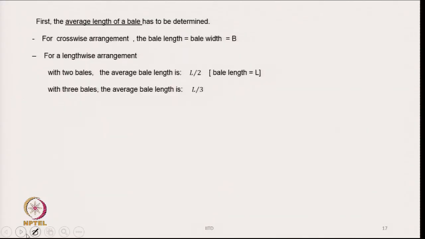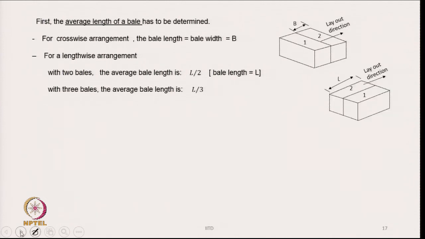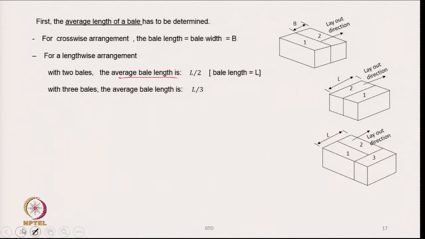First, the average length of a bale has to be determined. Now, for crosswise arrangement, the bale length will be equal to the bale width as shown in this diagram, and for lengthwise arrangement with 2 bales like shown here, the average bale length is going to be L by 2, and if we have 3 bales, then the average bale length is going to be L by 3.